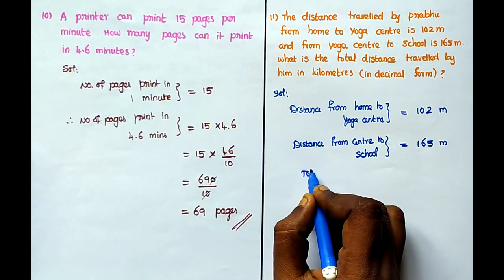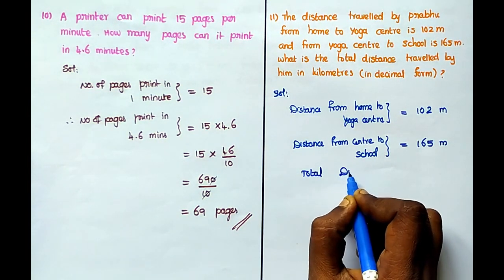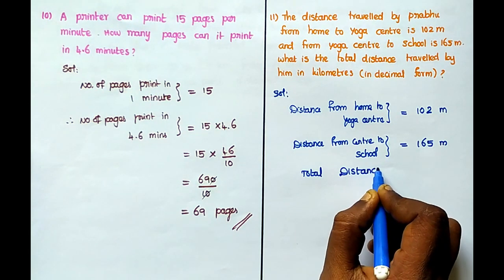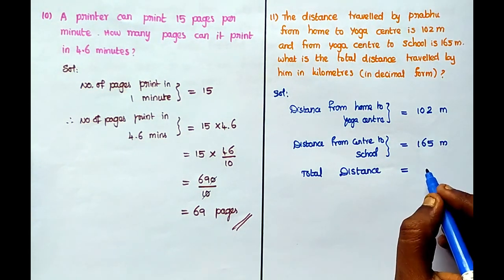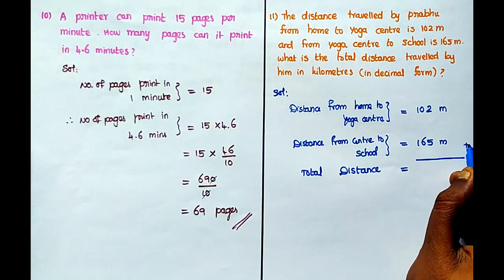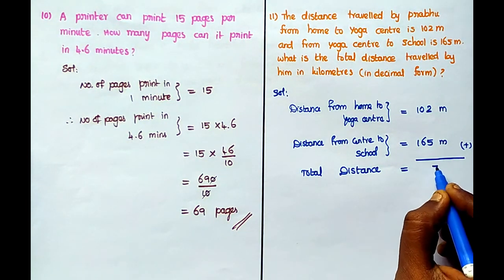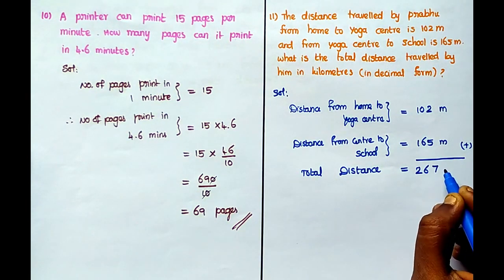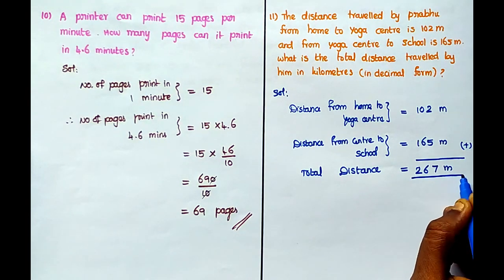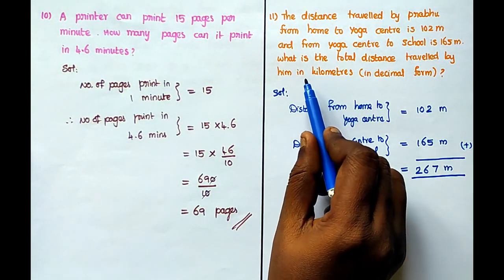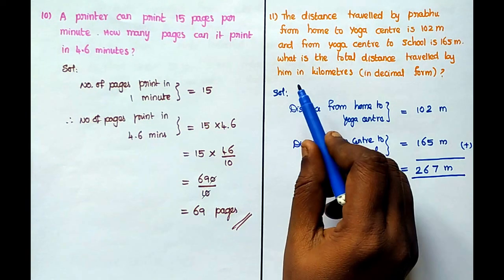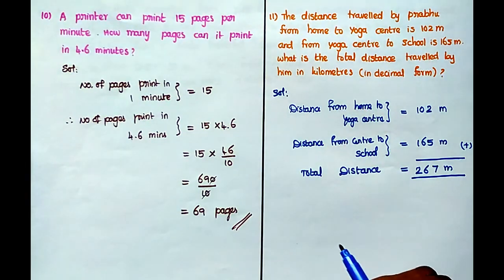So total distance equal to, add, this means we get 267 meter. What is the total distance travelled by him in kilometers, they ask.